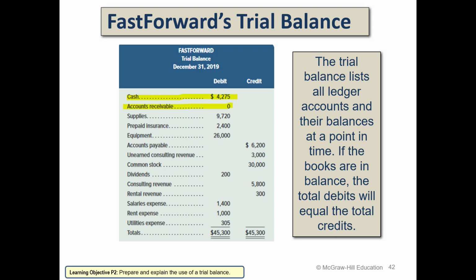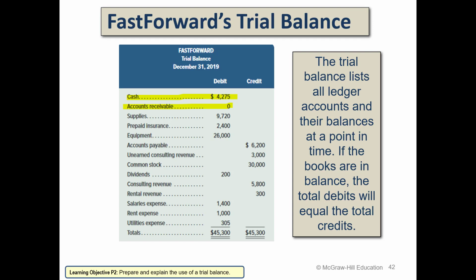But you can see these are all assets, so they all have normal debit balances. The liabilities, accounts payable and unearned revenue, are on the credit side along with common stock. Dividends has a normal debit balance. The 2 revenue accounts have normal credit balances, and then our 3 expenses have normal debit balances.